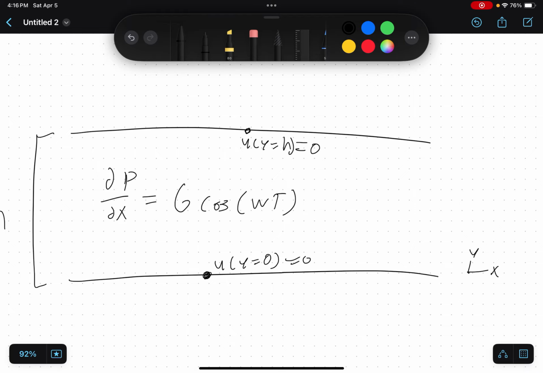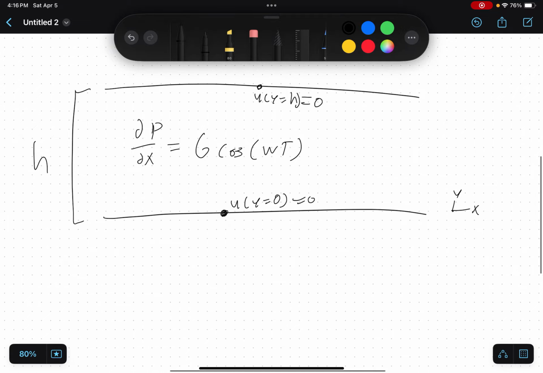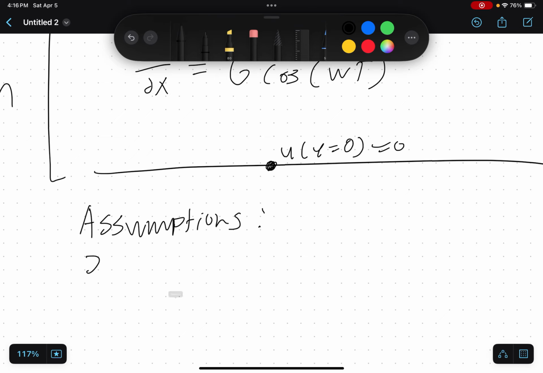Okay. Assumptions. 2D, so w equals 0, du dz equals dv dz equals 0.